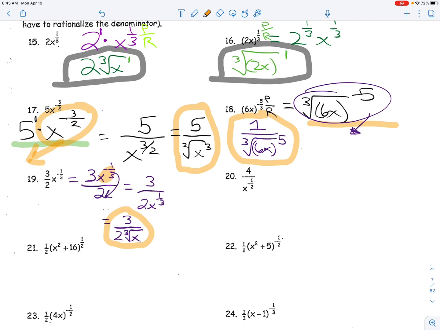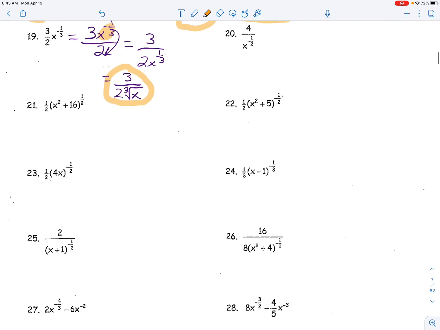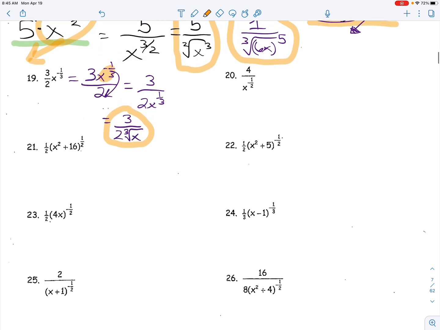All right, let's go to 22 now. Like I said, I'm just going to move around here a little bit, do a few of these, and we'll go to the next page. So 22, same deal, right? This is 1/2 times x squared plus 5 to the negative 1/2 power.